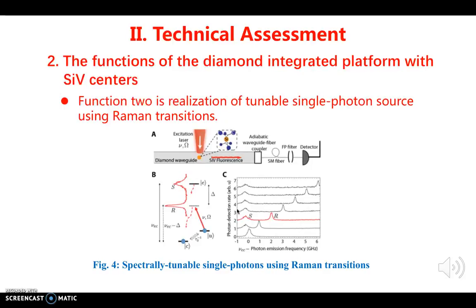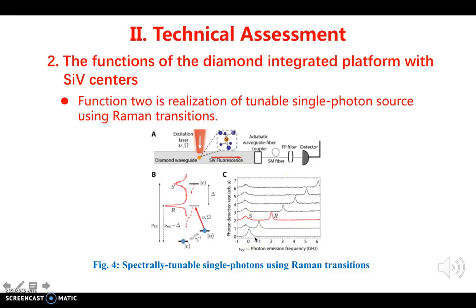From Figure 4b and Figure 4c, we can see the virtual state that has a detuning from the resonance frequency, which is the magical place of Raman transition. The linewidth of the Raman peak is narrower than that of the fluorescence peak.